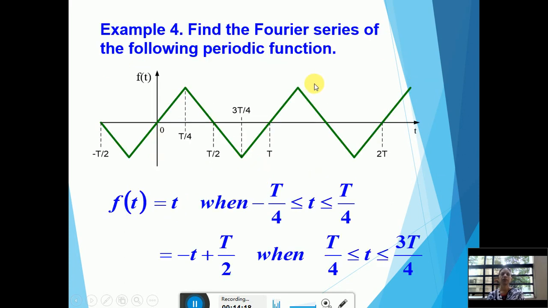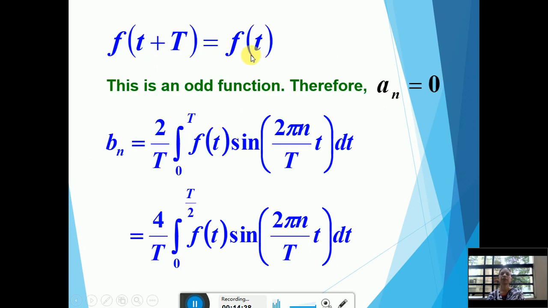So let us see this function. Its value is t between the limits minus T by 4 to plus T by 4, and it is minus t plus T by 2 for T by 4 to 3T by 4, between these two limits. So for this function, f of t plus T is this. It's an odd function, so this is 0.